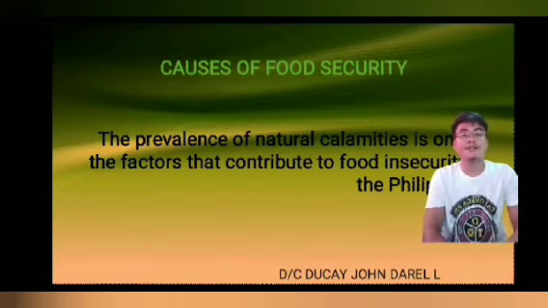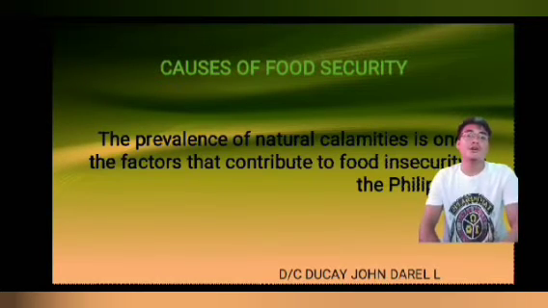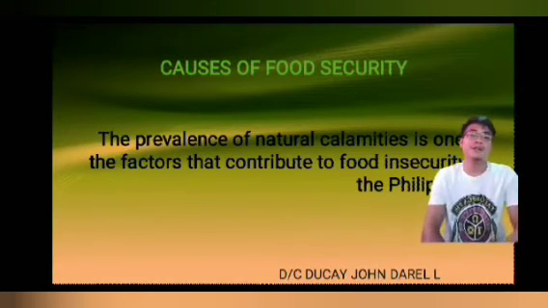Then, the lack of access to nutritious food at affordable prices. Lack of access to food due to geographical isolation. And lastly, the lack of motivation or knowledge about a nutritious diet.